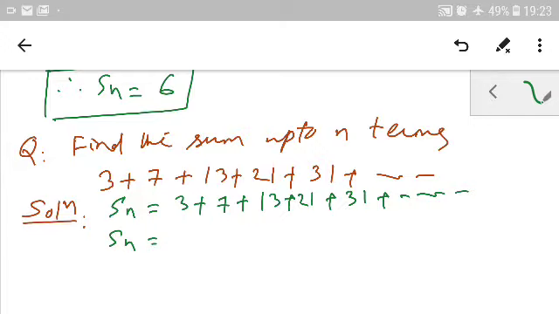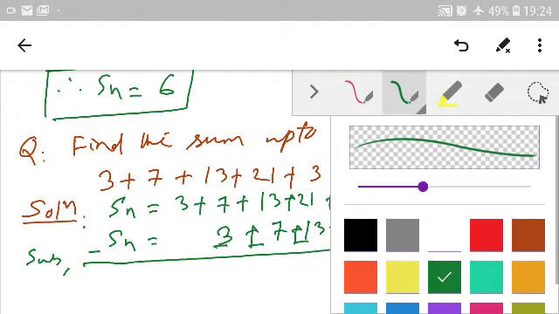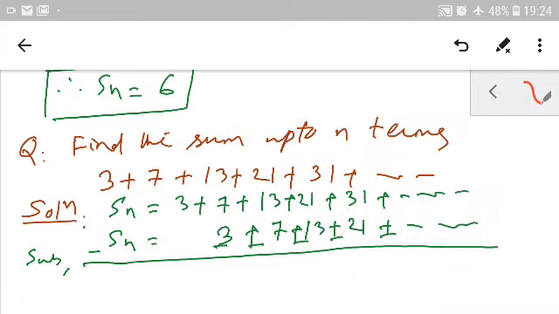So if I shift, this will be 3, then 7, then 13, then 21. It goes on like this. Now if I subtract the things, here it will be minus, minus, minus, minus and minus. So now let us conclude this one. Okay, so Sn minus Sn becomes 0. This is 3 plus the first term.